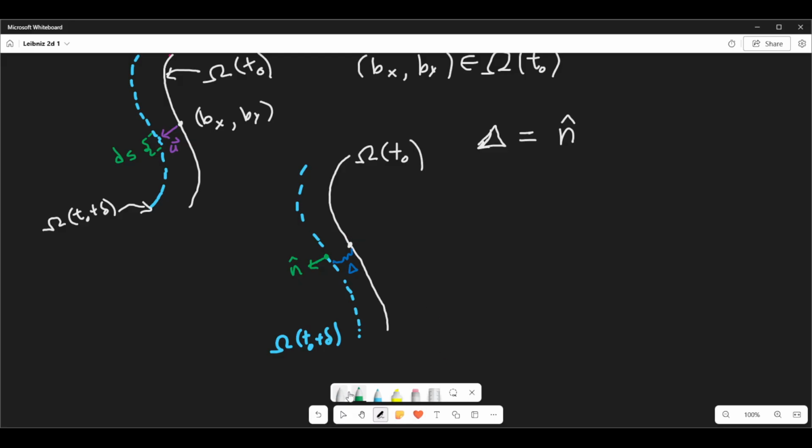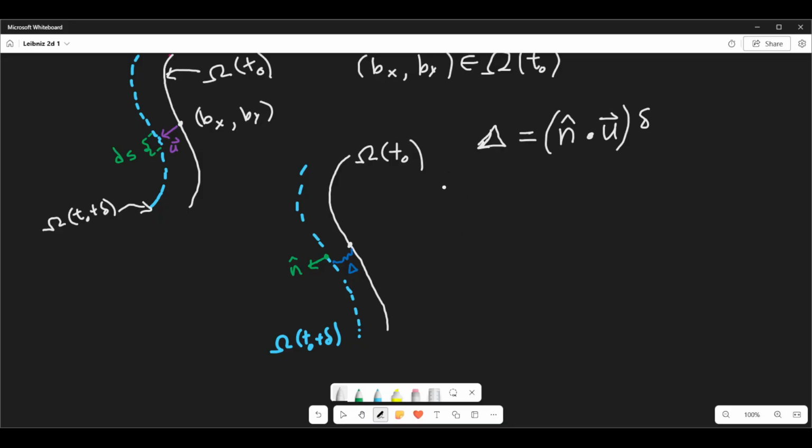So it's a normal vector dot product with the u vector, and then it's times the little interval of time, because that's the time interval multiplied by the derivative in the velocity to get the distance.